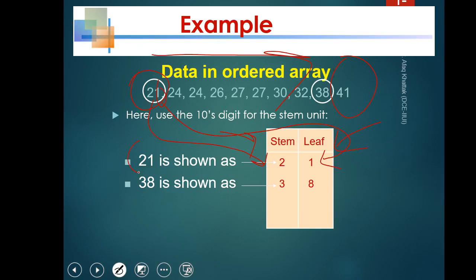Similarly, if we take 24, we already have 2 in the stem, so we just add another leaf, that is 4 here, and then for another 24 we add another 4. And if we have a first digit other than 2, for example 38, we take 3 on the stem side and 8 on the leaf side.